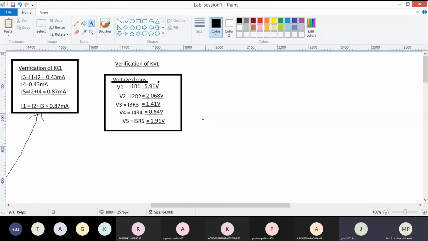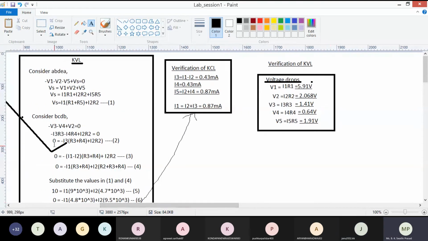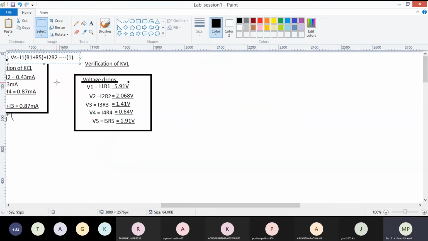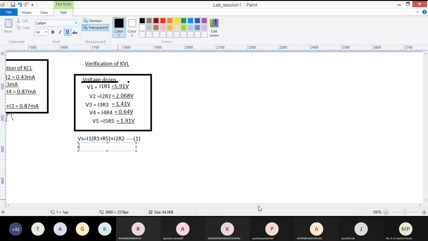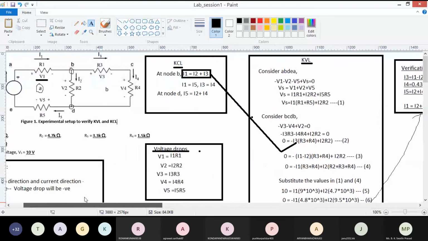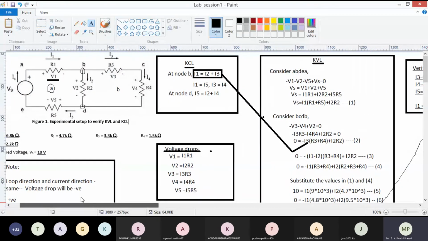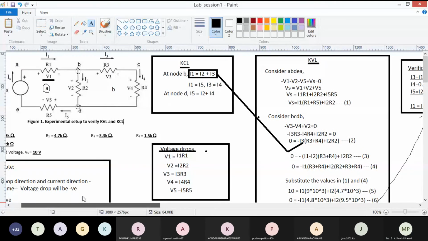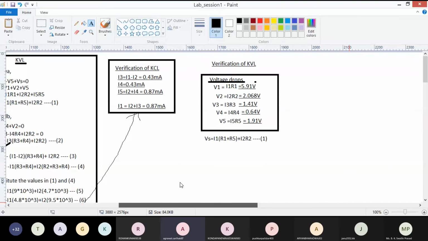Okay. Now what do we have from equation 1? Let us take this equation. Substitute all the values of I1, R1, R5, I2, R2, everything in this equation 1. What do you get? 9.88 volts, V1 plus V2 plus V5.